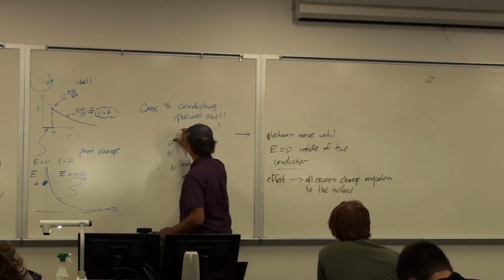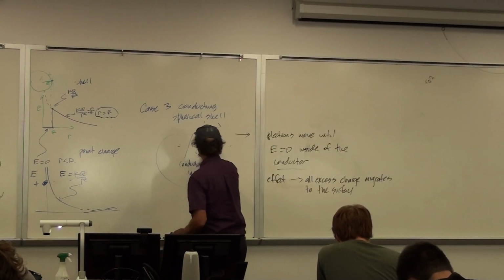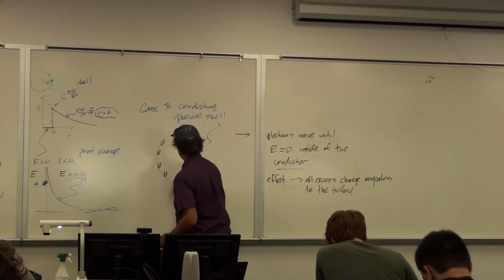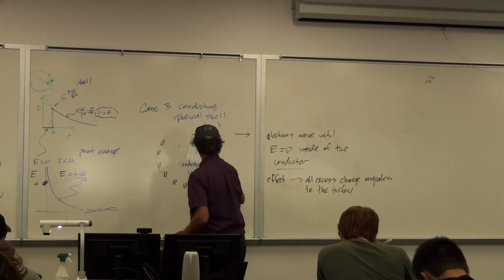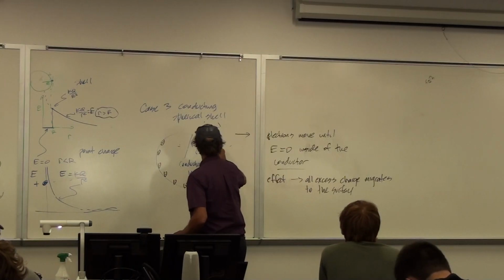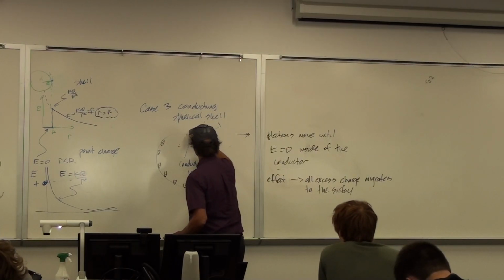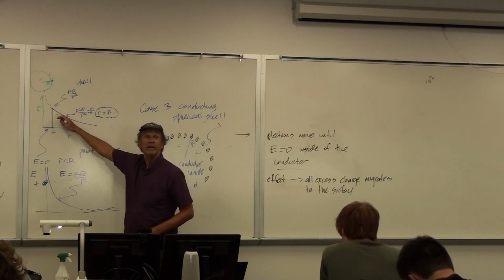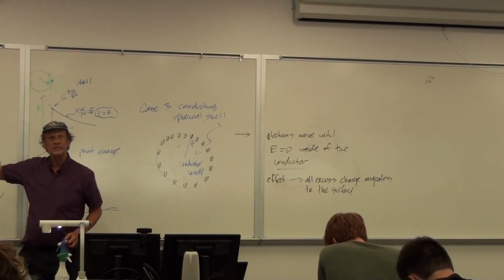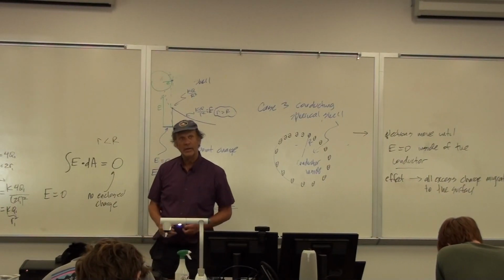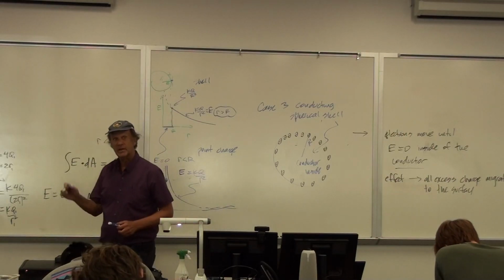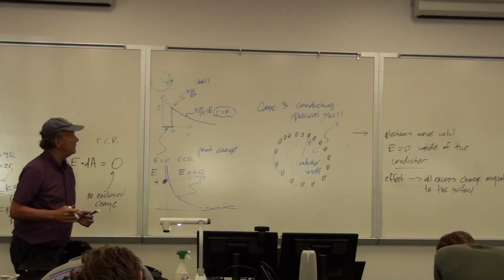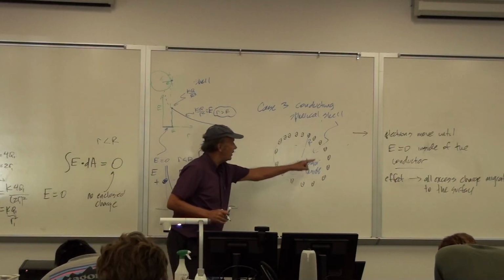And so they keep repelling each other until the electron winds have all died down. At that point, they're as far apart from each other as they can be. And by doing that, we've ensured that the electric field is zero inside of the conductor. Why? Because we just showed that over here. If you have no net charge inside of a spherical shell, then there's no electric field. So this is the same problem now as an electric field acting until the charges all reside on the surface.